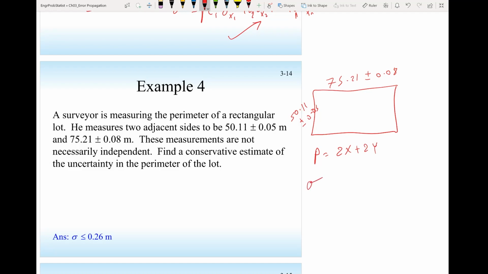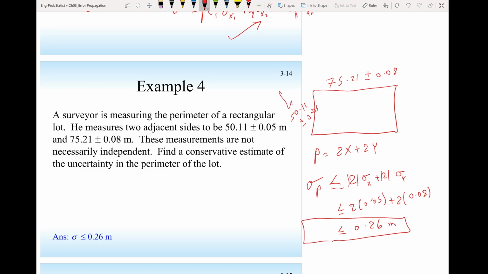So the uncertainty in the perimeter will be less than or equal to 2 times the standard deviation of x plus 2 times the standard deviation of y. So that will be 2 times 0.05 plus 2 times 0.08, and that will be 0.26 meter.